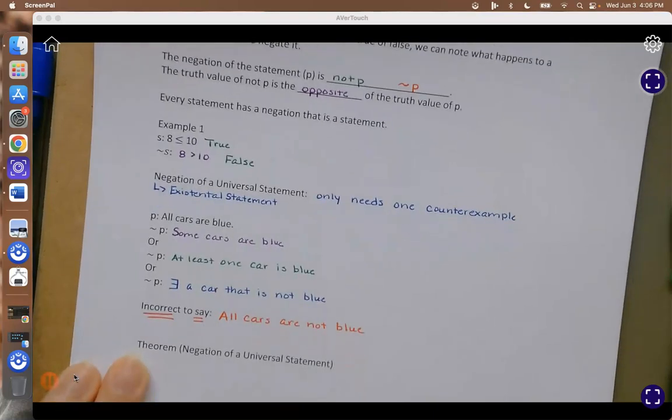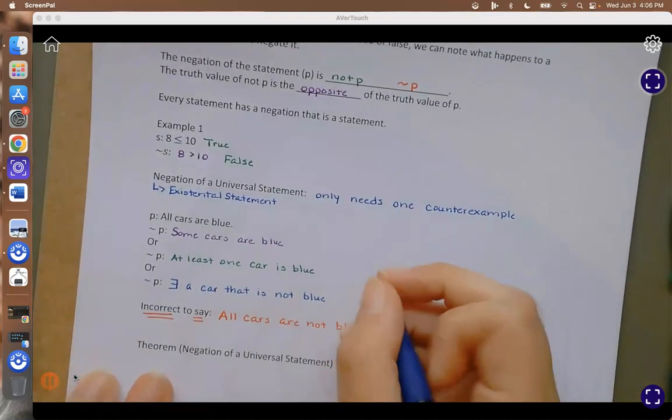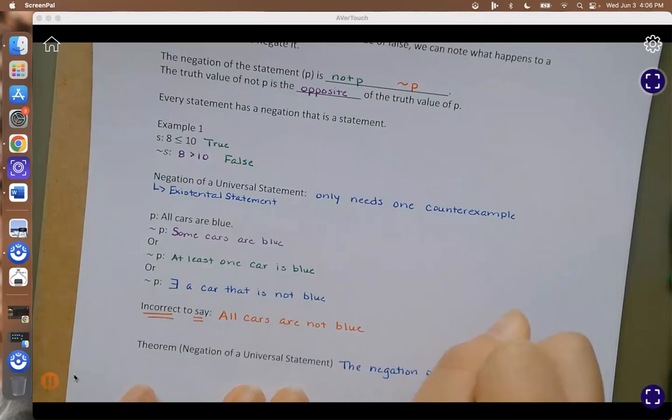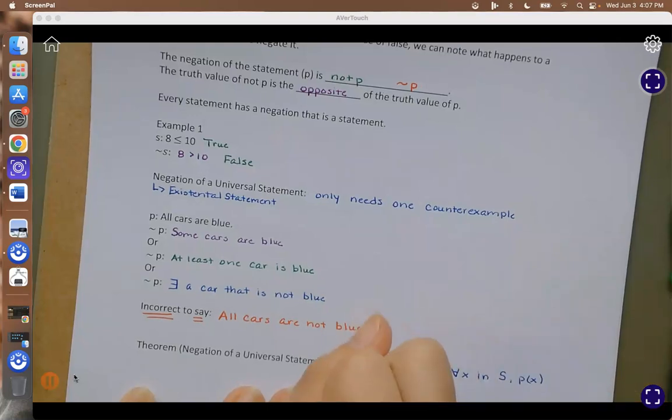Okay, so there's a theorem that says the negation of "for all x in S," and you have some kind of phrase here, is "there exists x in S."